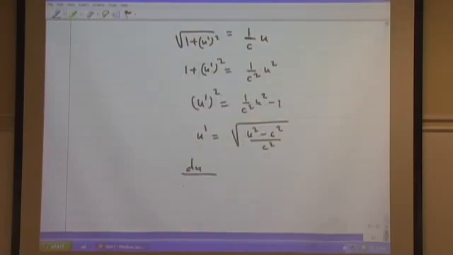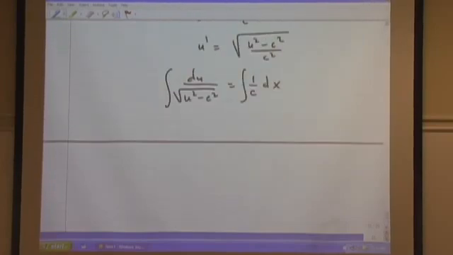So if you do separation of variables, you're going to get something like this. And after integration, this is x over c plus another constant, let's say d. And I'm not going to go through integrating that expression.